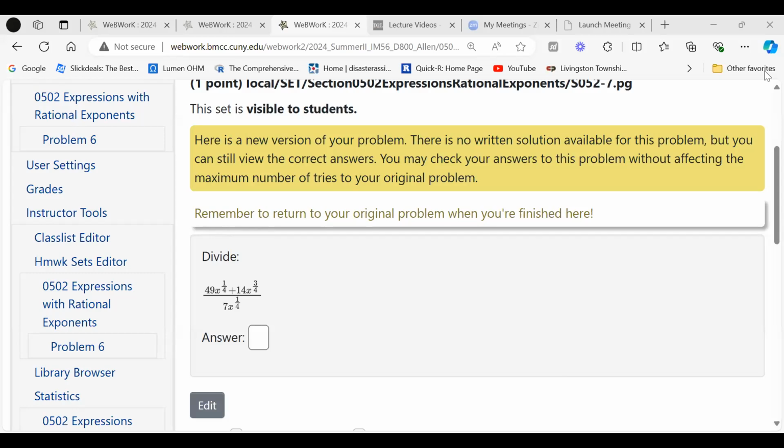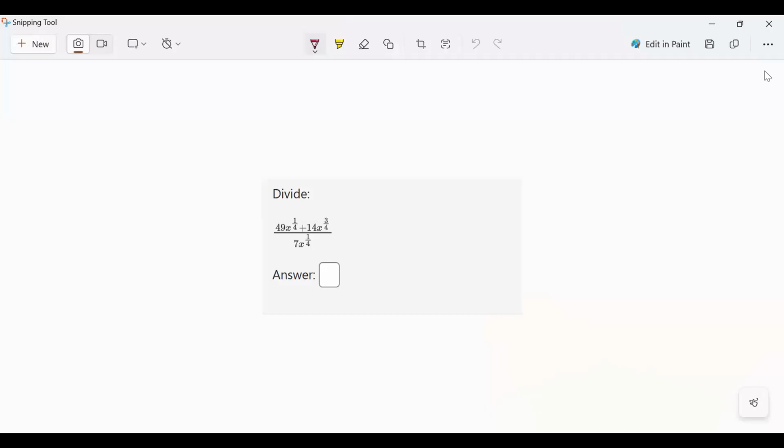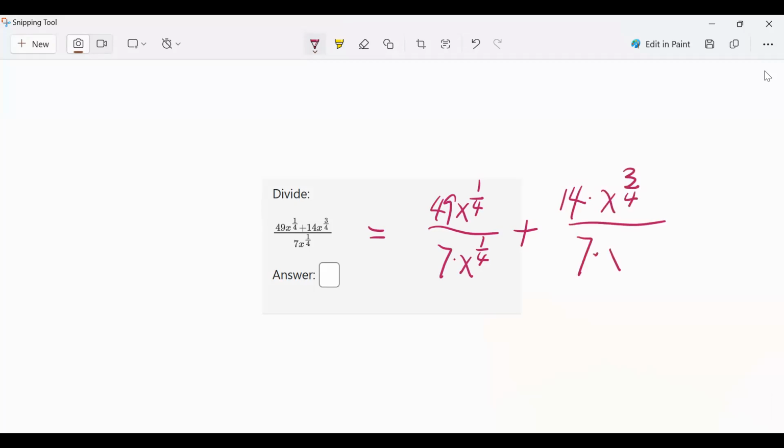So you can divide it one by one, right? So split it out. That's 49 x to the 3/4 over 7 times x to the quarter, the first term. Second term, 14 times x to the 3/4 over 7 times x to the 1/4. Now for the first term, we can cancel these common factors. 49 by 7 is 7.